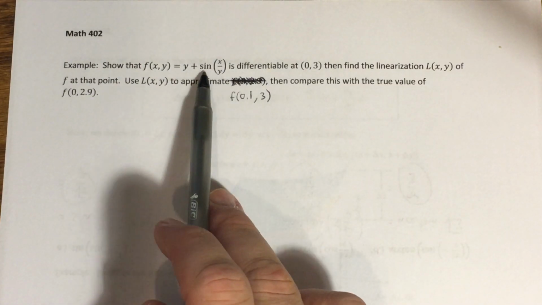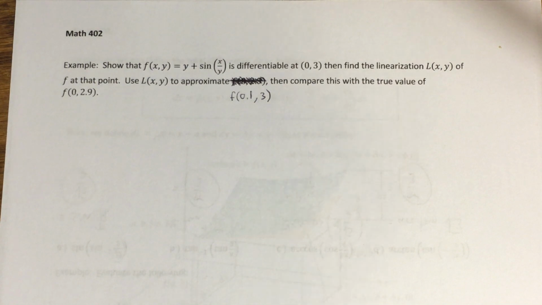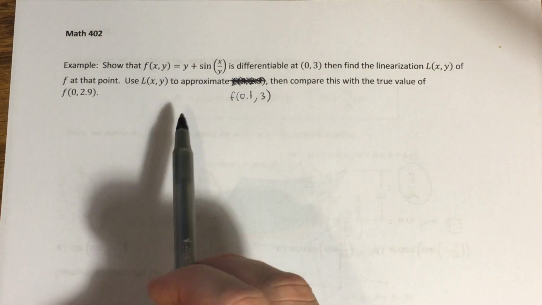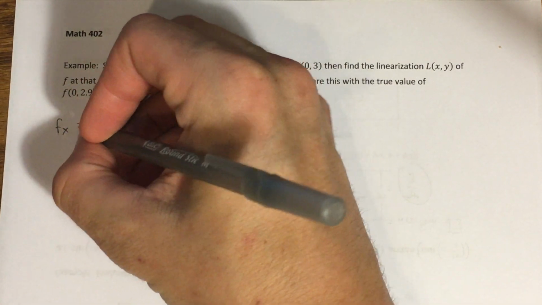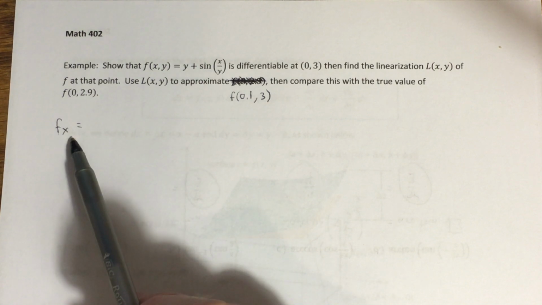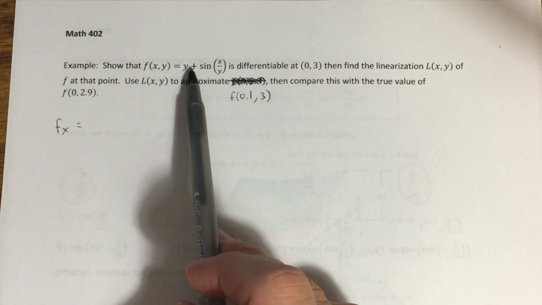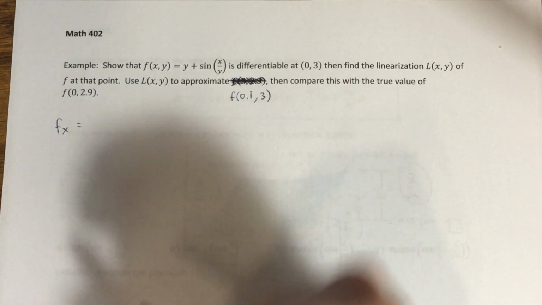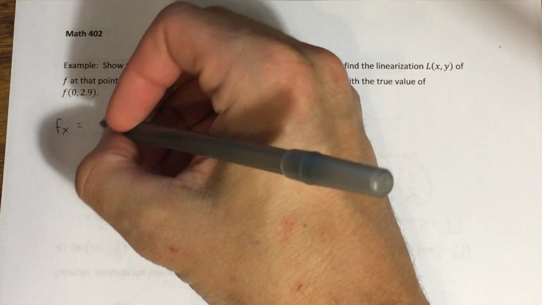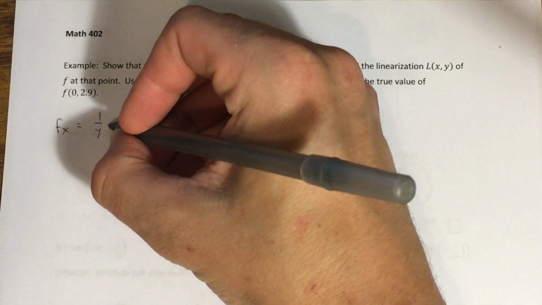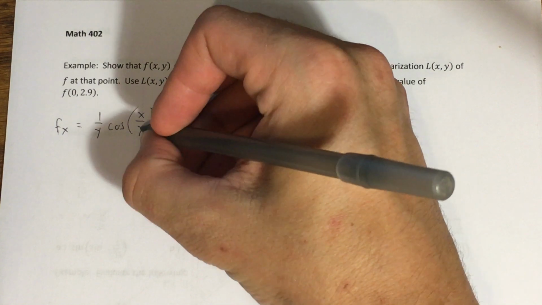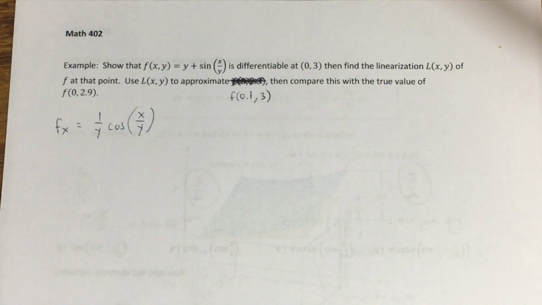Well, first of all, to verify that it's differentiable, according to that theorem we just talked about, I just need to find the partial derivatives of this with respect to x and with respect to y. So what is fx? Well, I'm differentiating with respect to x. This y is held constant, so it's going to go away. This x is the variable, and this y is held constant, so this becomes 1 over y times cosine of x over y. That would be the partial derivative with respect to x.